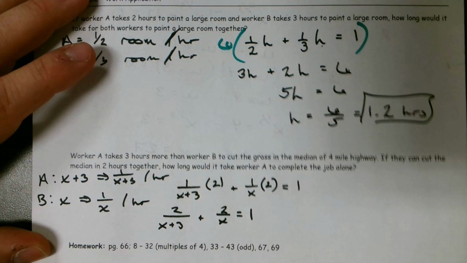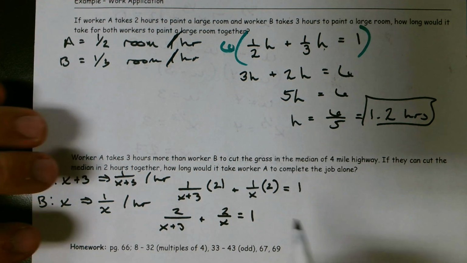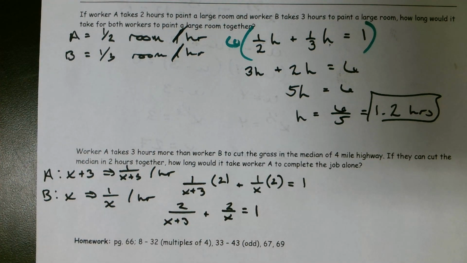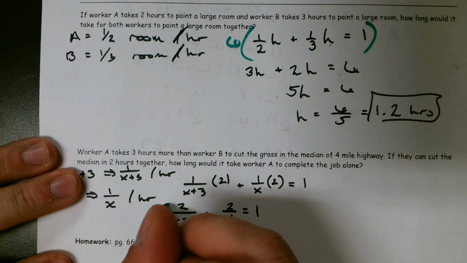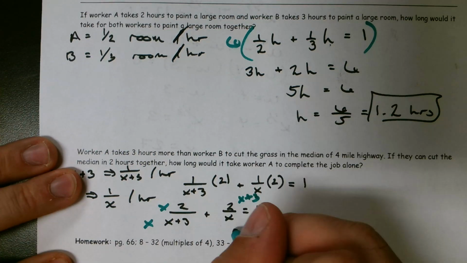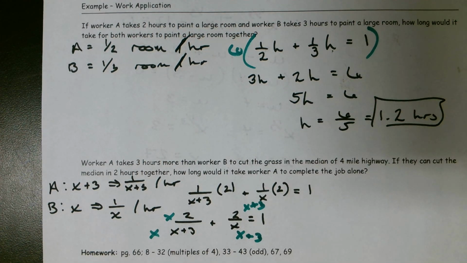Now in order to combine these two fractions, we've got to have common denominators. So I'm going to go over here and do it. We need to multiply this fraction on the top and bottom by x, and this one by x plus 3 on the top and bottom. So let's go ahead and do that.